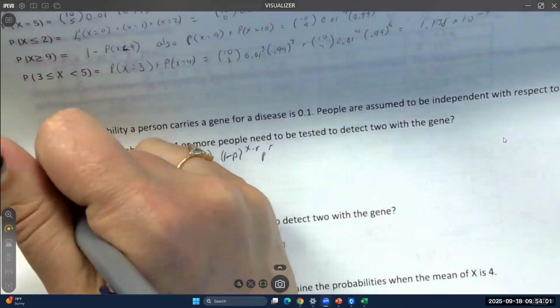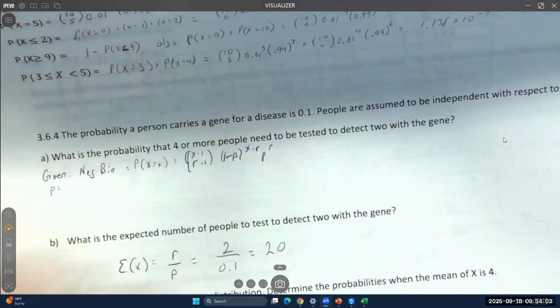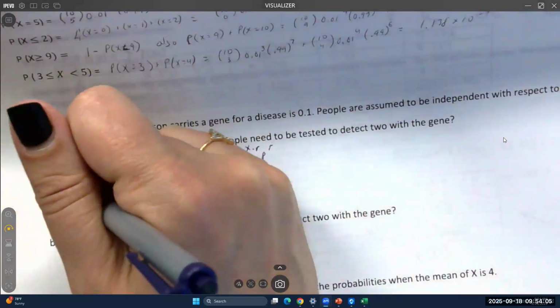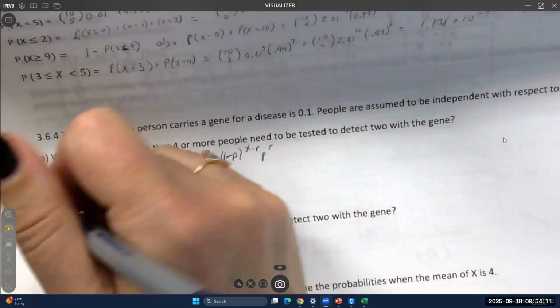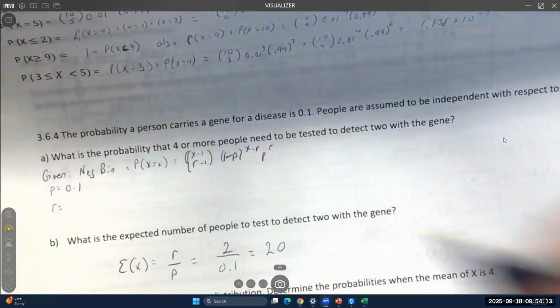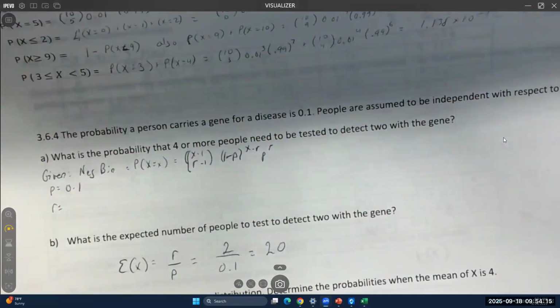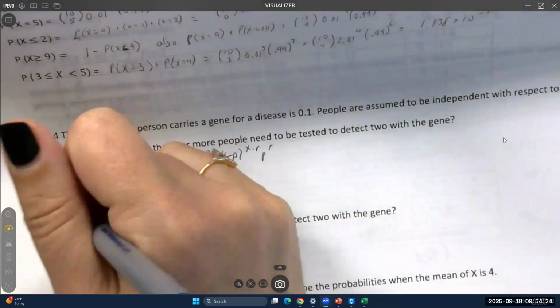Then I'm also given my probability that someone has a gene, which is what I'm looking for, is 0.1. And I'm looking for the number of successes, the number of successful tests. I am looking at what the probability is that I need 4 or more trials to find 2 different people with the genes.